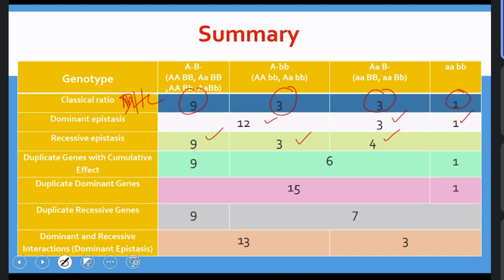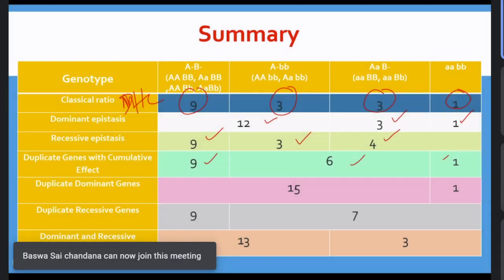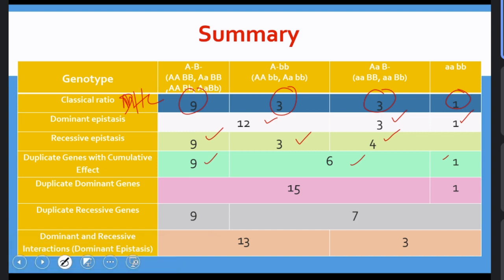For duplicate genes with cumulative effect, it is 9:6:1. And for duplicate dominant genes, that means shepherd's purse, where triangular seeds are produced 15 in number, it is 15:1. For duplicate recessive genes, that is complementary genes, flower color in Lathyrus odoratus, the phenotype is 9:7.